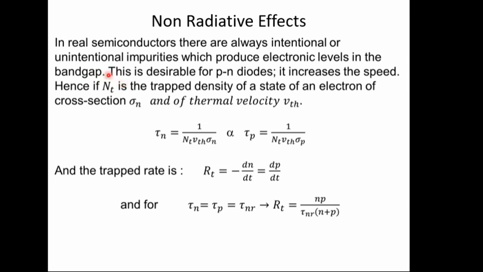So this is sometimes desirable. Initially we put electrons in the energy gap. In that case, we want to increase the speed of the PN diode, like we will see in the Schottky diode.